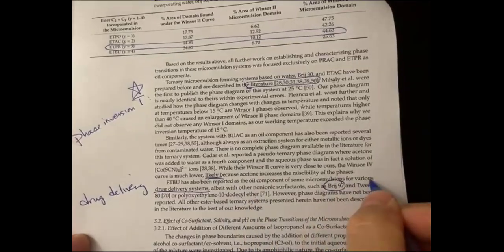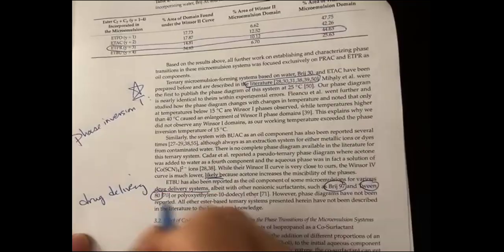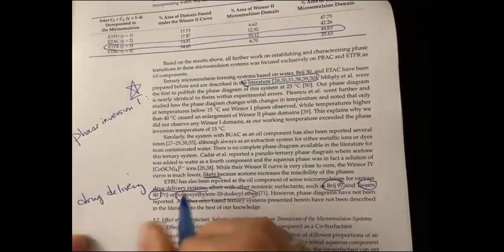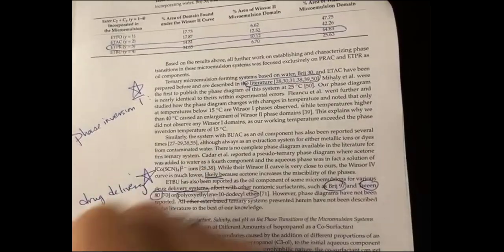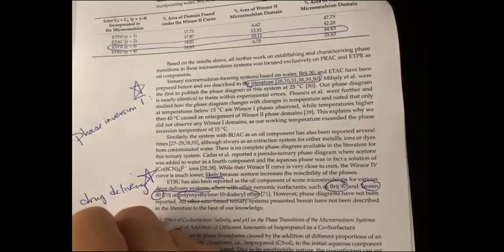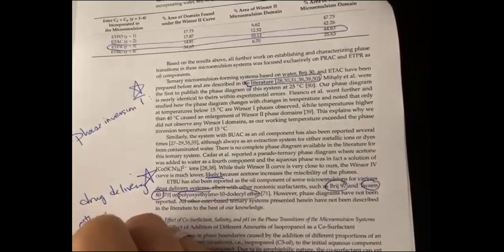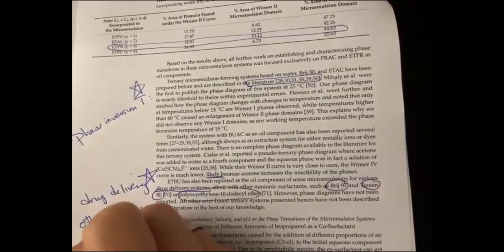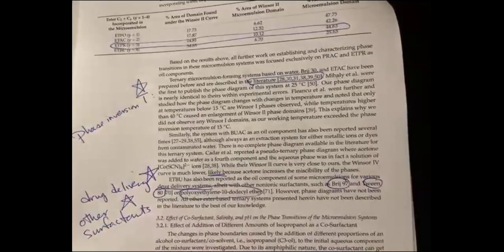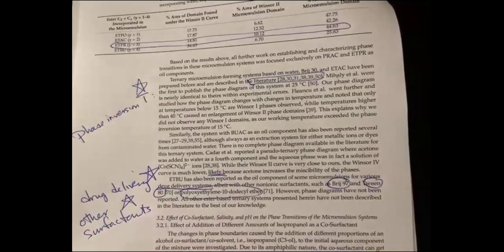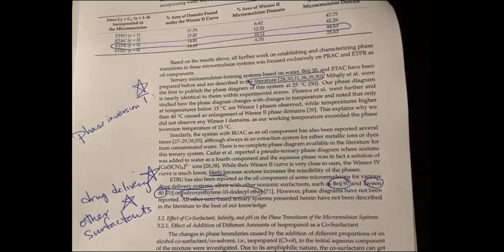So interesting, Tween 80. So drug delivery, that's a star. Other surfactants, that's a star. That's things I want to find at some point. And well, there we go. I think we're done there.